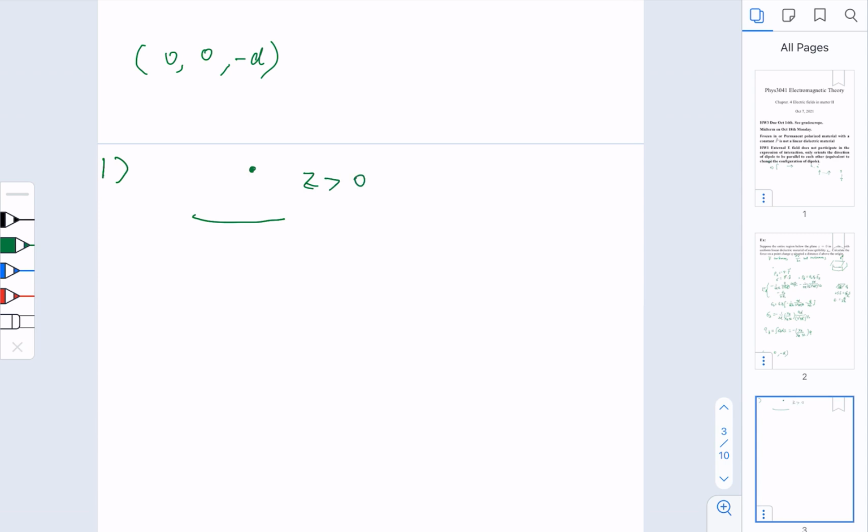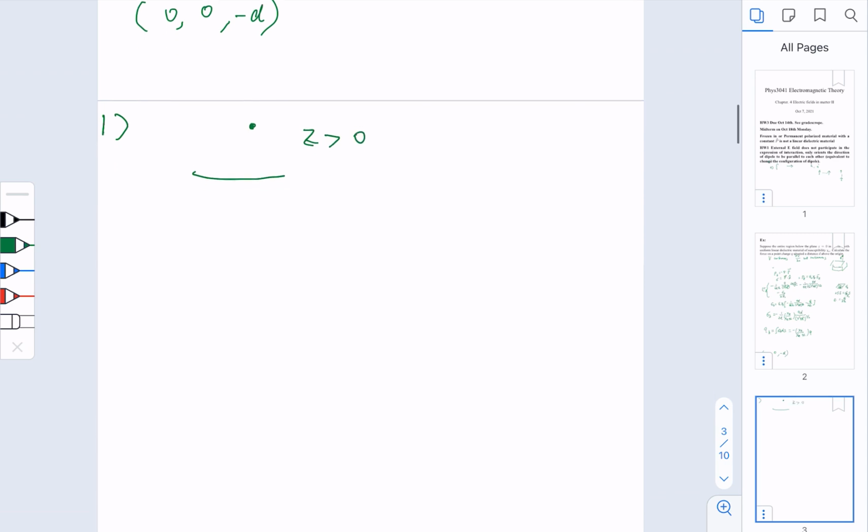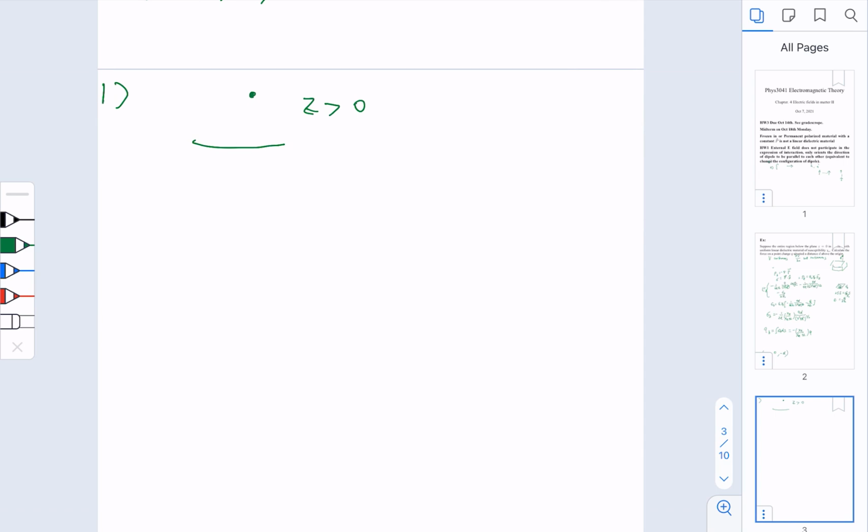We consider the z larger than 0 case, where we are not interested in the region below, and we also consider a case where z is actually less than 0, and we are not considering the problem over here.